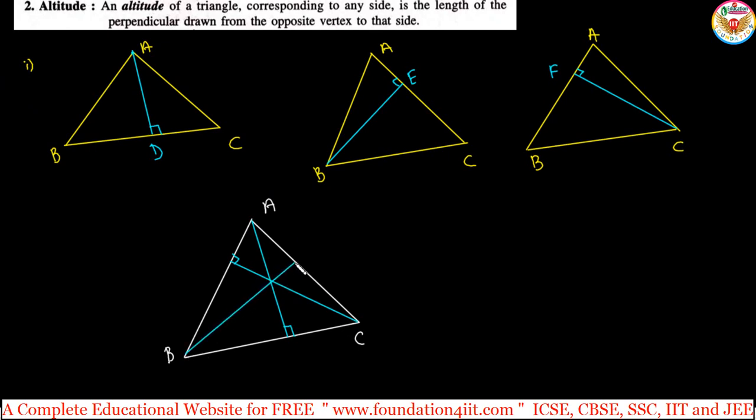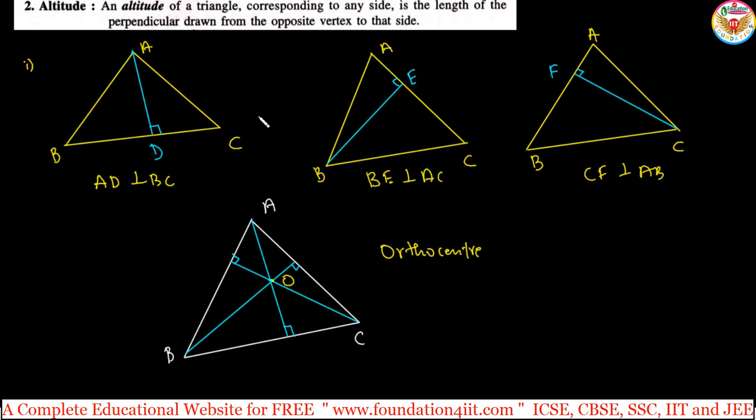So the point of intersection of the altitudes of a triangle is called the orthocenter, which we denote with capital O. Here AD is perpendicular to BC, BE is perpendicular to AC and CF is perpendicular to AB. That point of intersection of the altitudes of a triangle is called the orthocenter.